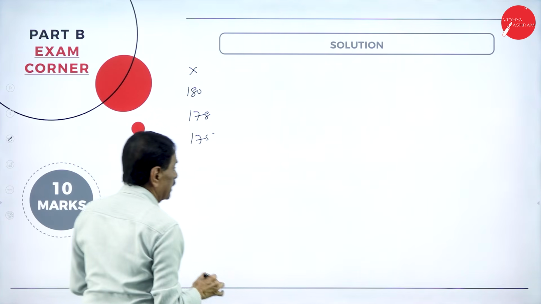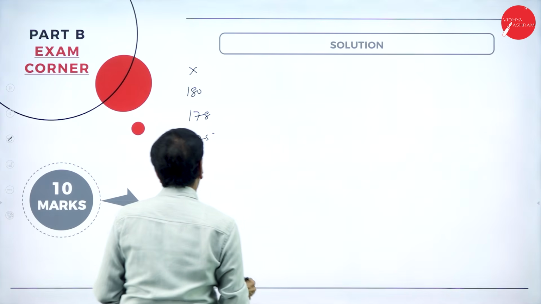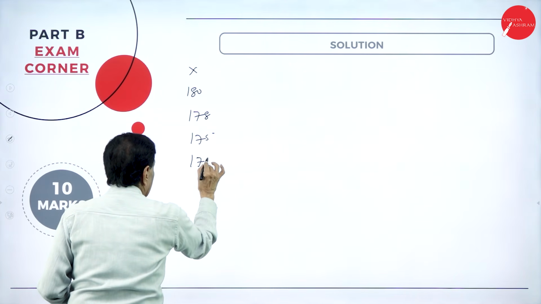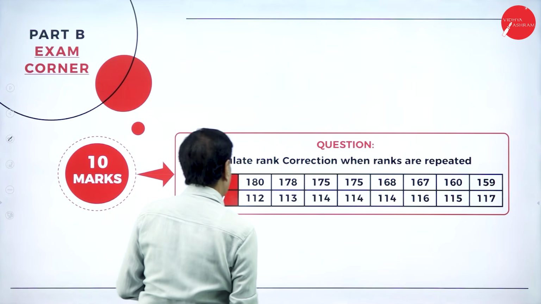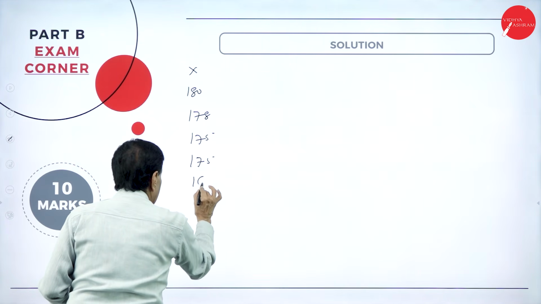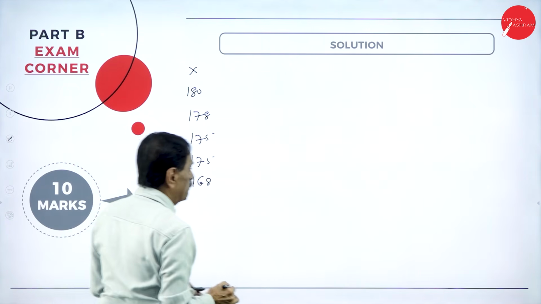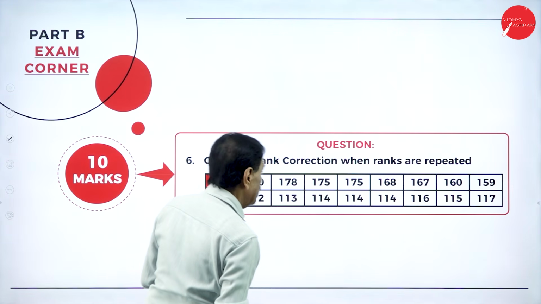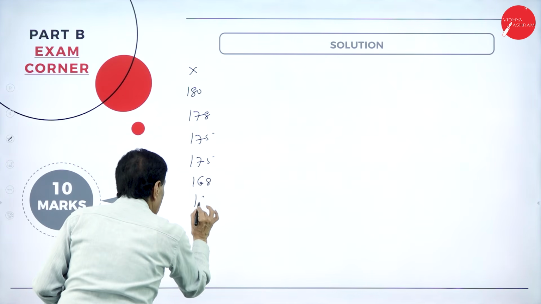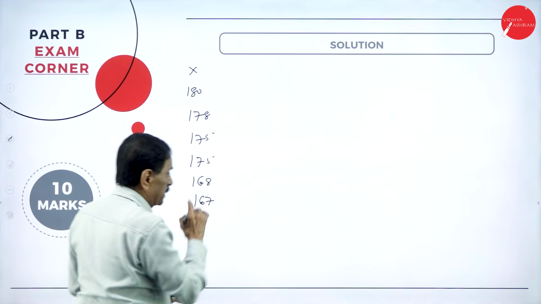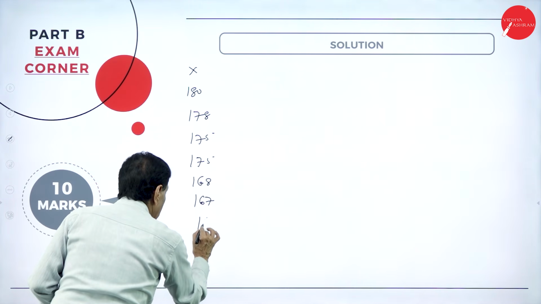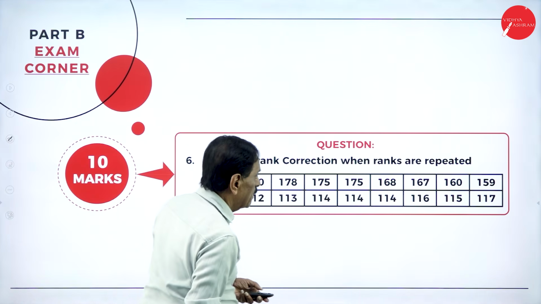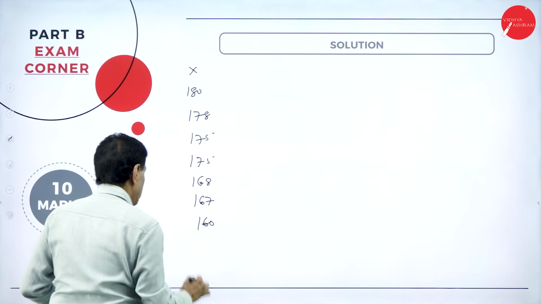What's the next number? 175, repeated. 168. What is the next number? 167. What is the next number? 160. What's the last number? 159.